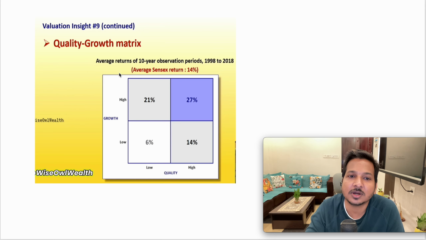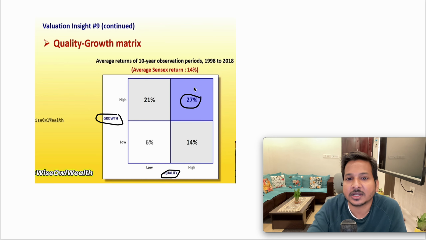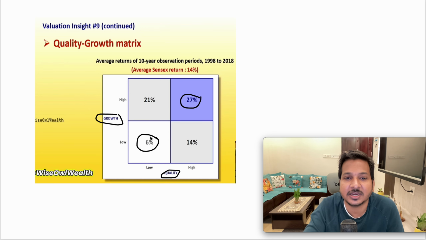So this is also a matrix showing the same thing. Growth is shown on the side and quality, meaning ROE, at the bottom. If high ROE and high growth is there, it has given 27% annual return, whereas Sensex returns were around 14%. But if ROE is less and growth is also less, it has given only 6%, lesser than FD returns.